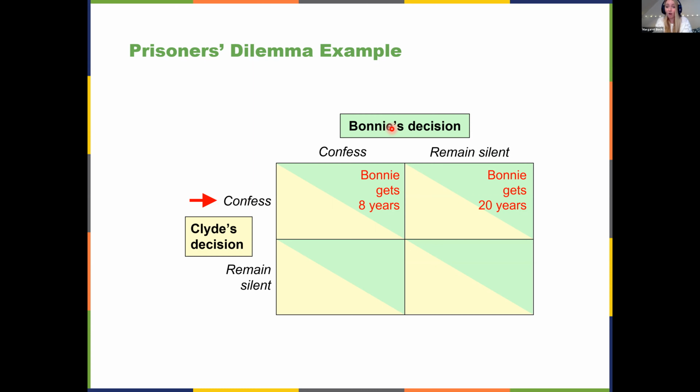Well, it depends on what Bonnie decides to do. If Bonnie remains silent, doesn't say anything, and Clyde says she was the one that did it, she's going to get 20 years in prison. But if Bonnie also decides to confess and say, yeah, sure, I was part of the robbery, but it was Clyde's fault, so if they both point the finger at each other, Bonnie is going to get 8 years in prison.